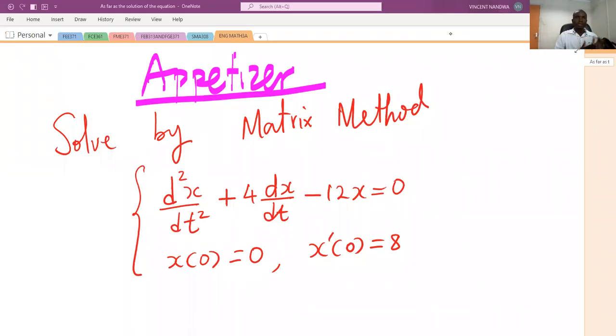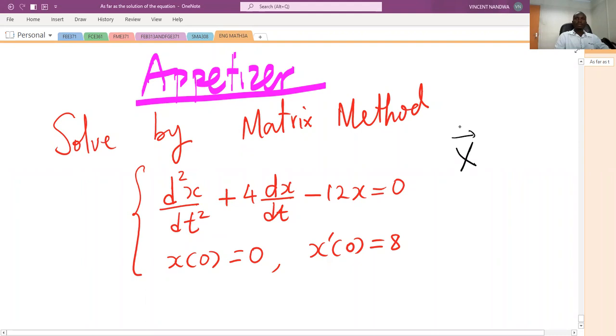Welcome to this session. We have a problem to solve on determination of solution of a differential equation by matrix method. We're going to describe how to express this given differential equation in the form x dot equals Ax.